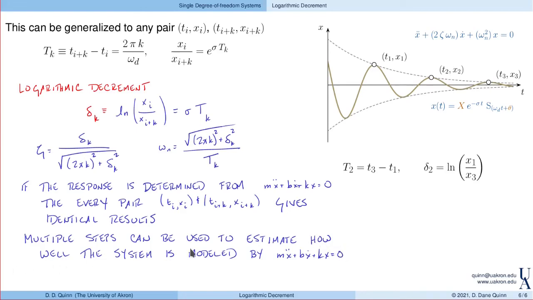And really, we can use multiple measurements and multiple pairs to estimate the best approximation.